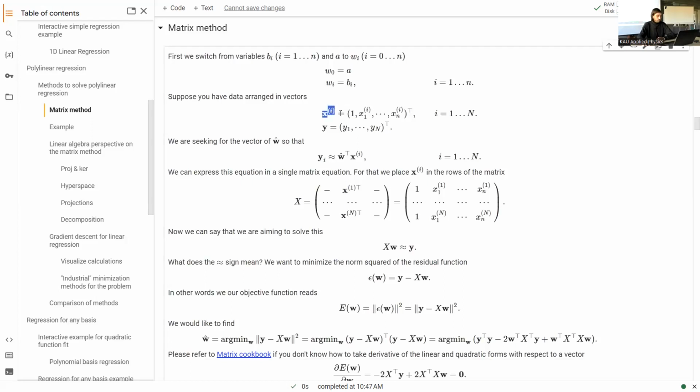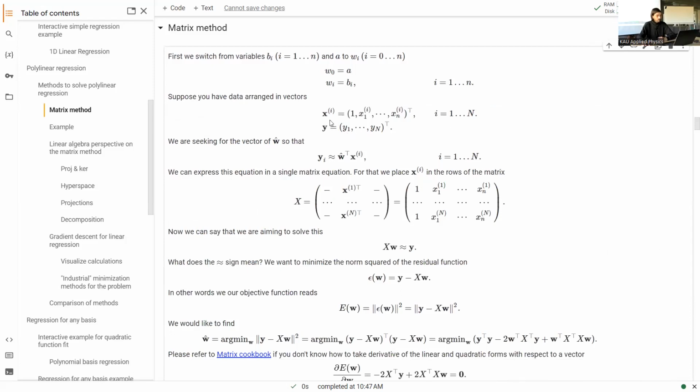So this xi, that's my data point. That's basically a collection of features that I get when I perform one measurement of something. So this x1 ith to xn ith is what I have measured, and this 1 is just a constant 1.